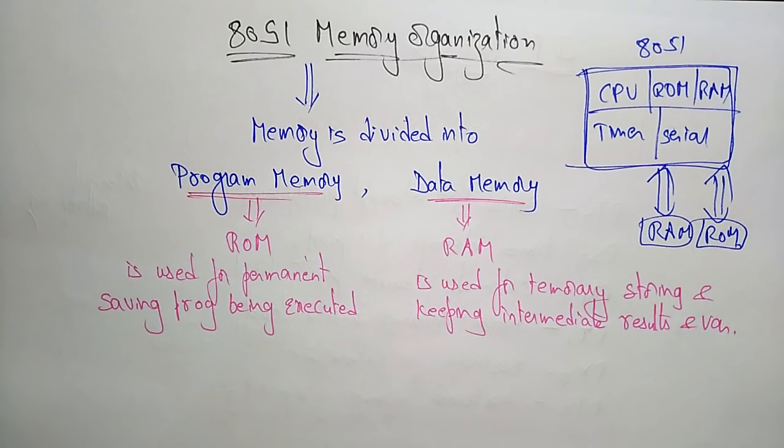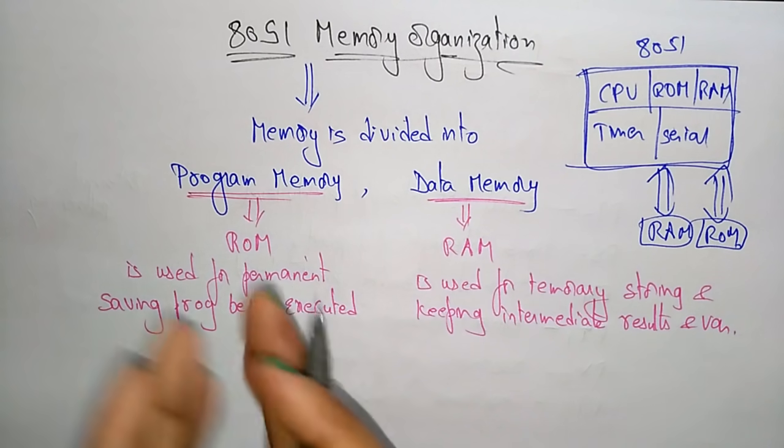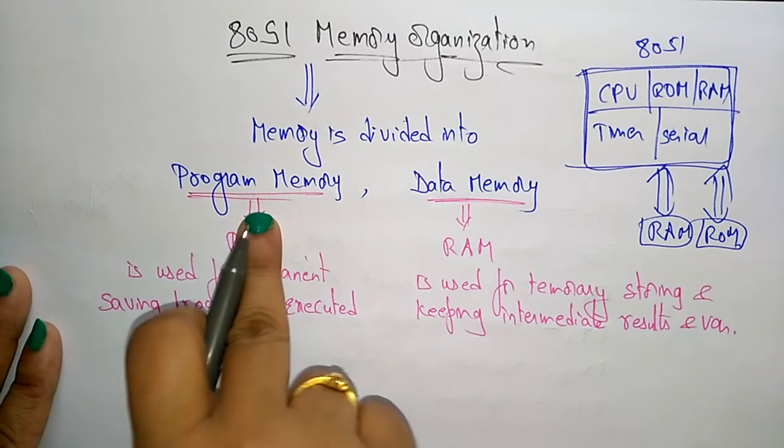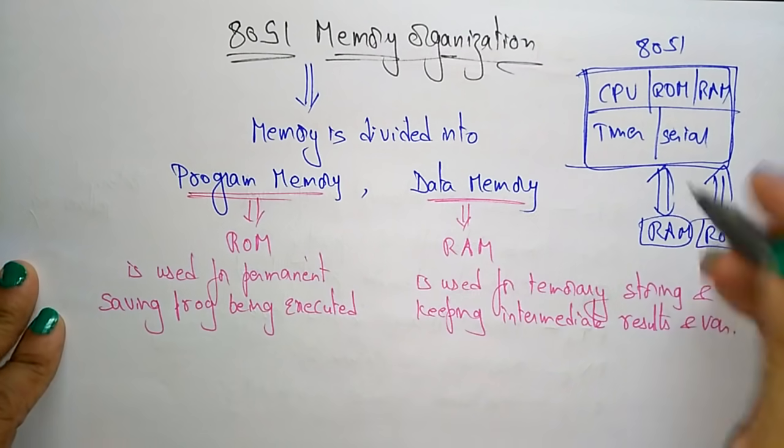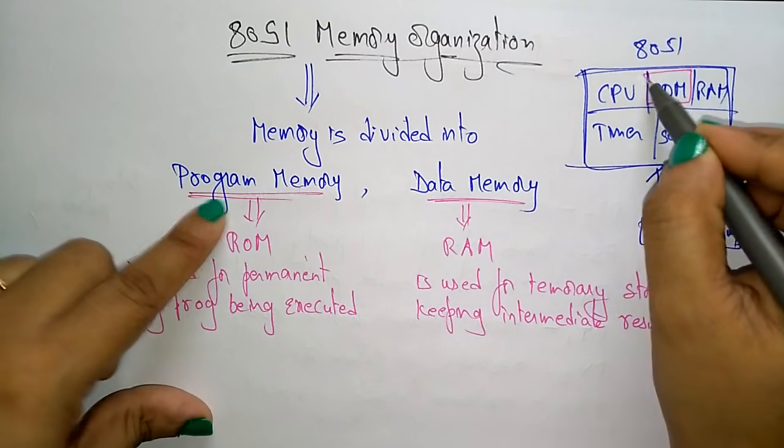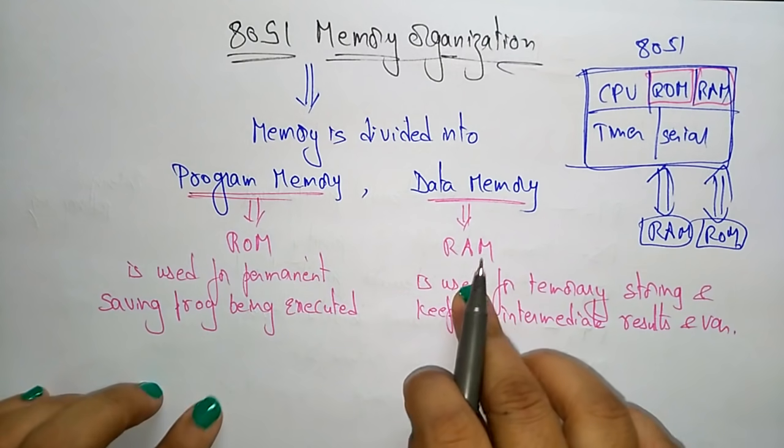So that is about the data memory. So the first memory organization of 8051 is divided into two parts, program memory and the data memory. So ROM is nothing but a program memory and the RAM is the data memory.